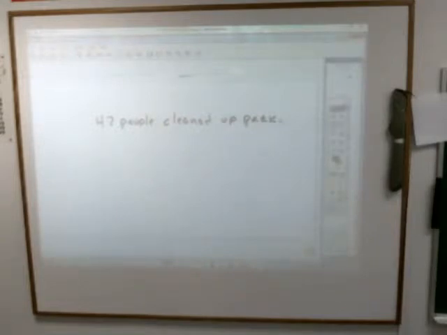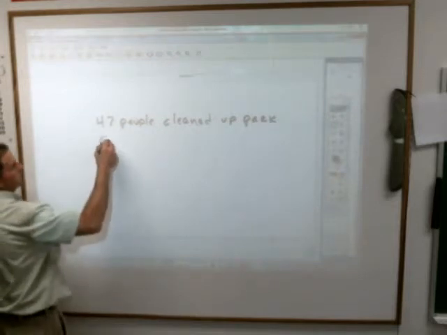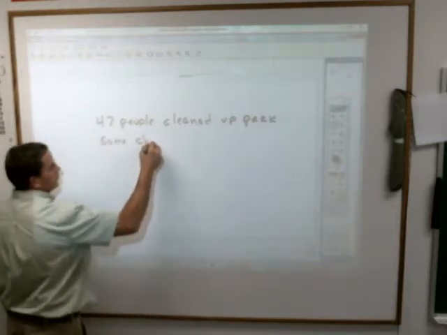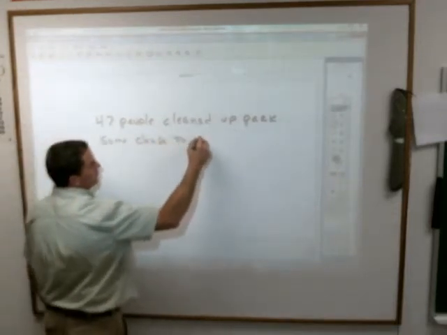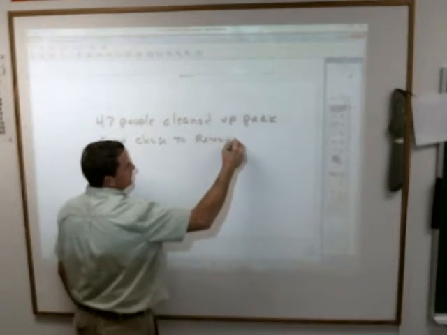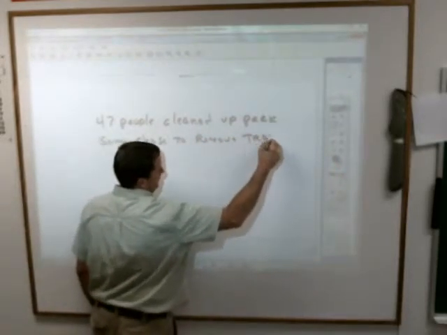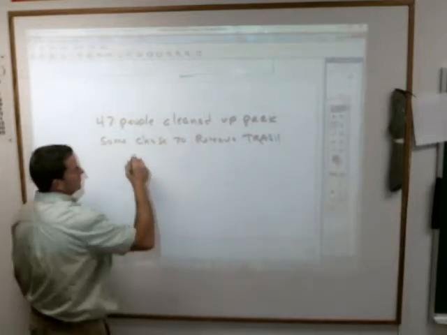Some chose to remove trash, speaking of Camp Duncan, from the lake.